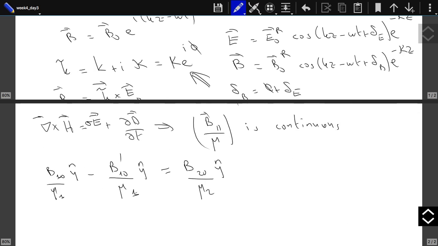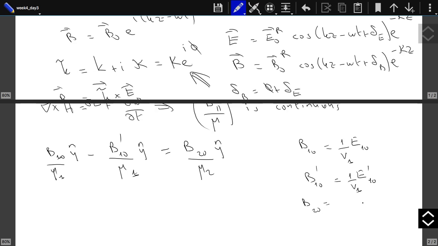Okay, now let's continue with this one. You see B10. How is it related with E10? One over V1, the speed of the electromagnetic wave in medium 1. B10 prime is also E10 prime over V1.